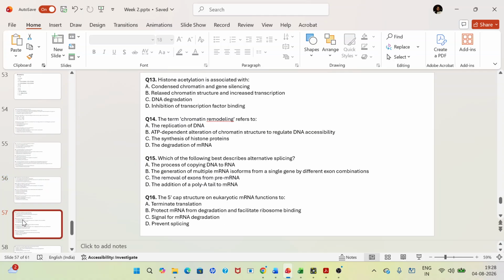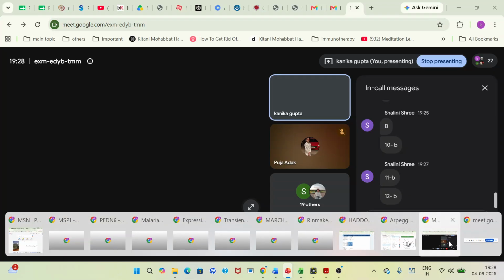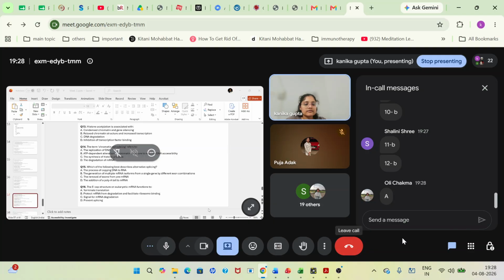Next, histone acetylation is associated with. What does acetylation on histone mean? Question number 13.